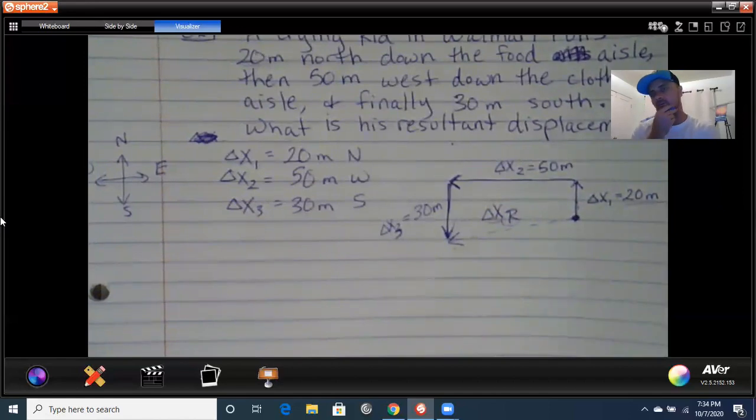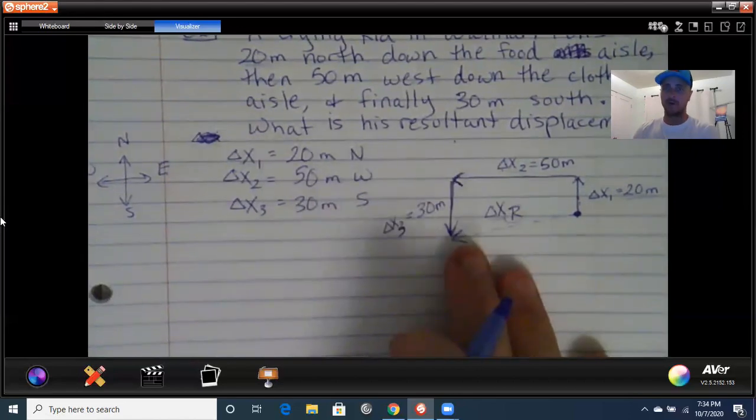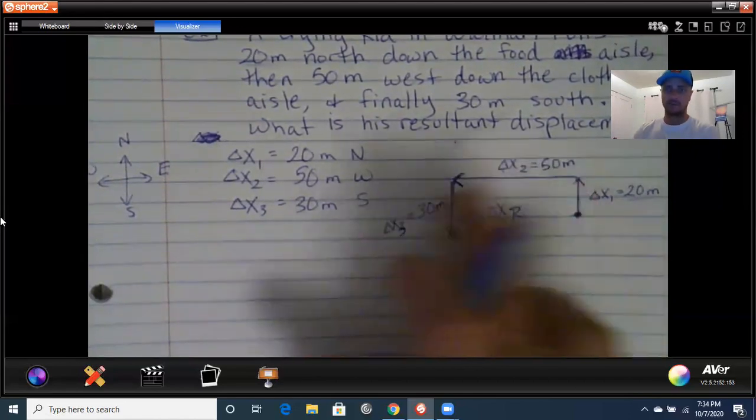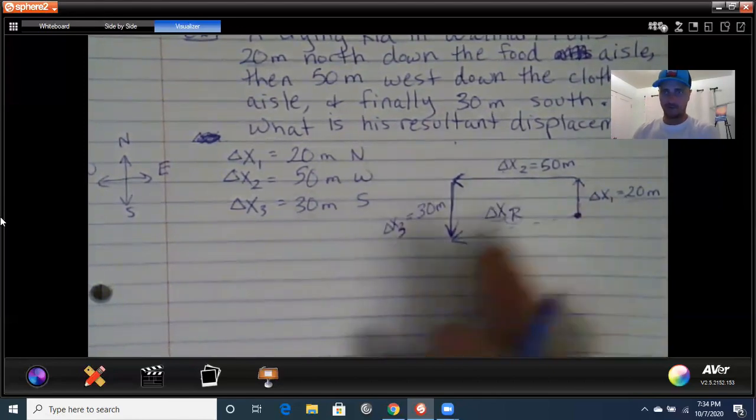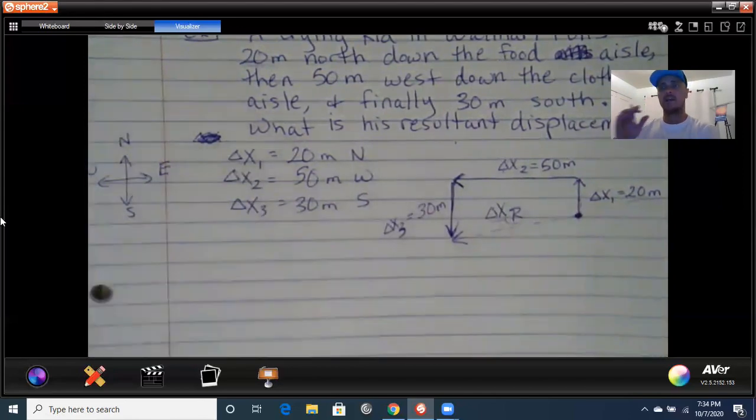Okay, so I showed you the first step. You draw a good picture, you make sure the vectors have the right lengths with respect to each other. Draw or sketch in your resultant vector, going from the tail of the first to the head of the last. Here's your next step for now.